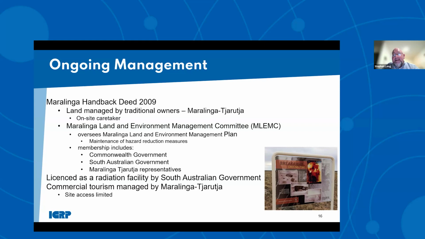Although site access is still limited, as with most First Nations land in Australia, you require a permit to enter that land, and the Maralinga Tjarutja restrict the entry to the number of tourists they can comfortably accommodate throughout a year, which at the moment is about 1,200 tourists a year.